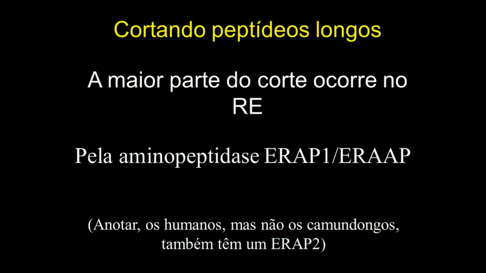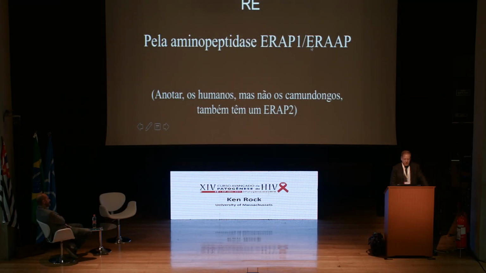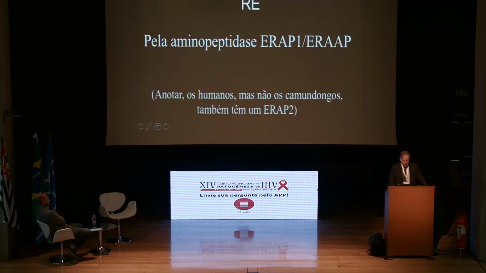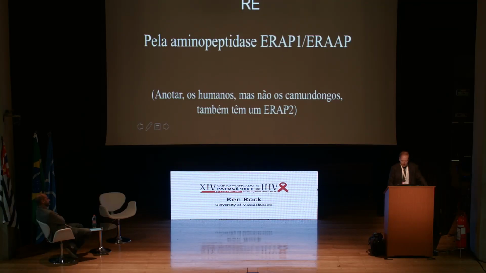And it turns out that such machinery exists, and that a major part of the trimming of these long peptides occurs in the endoplasmic reticulum. And the enzyme responsible for that has been defined, and it's something called ERAP1, or some people call it ERAP. And this is an aminopeptidase. That means this is a peptidase that takes off the N-terminal side residue by residue. And humans actually have a second related one called ERAP2, so they have ERAP1 and ERAP2.